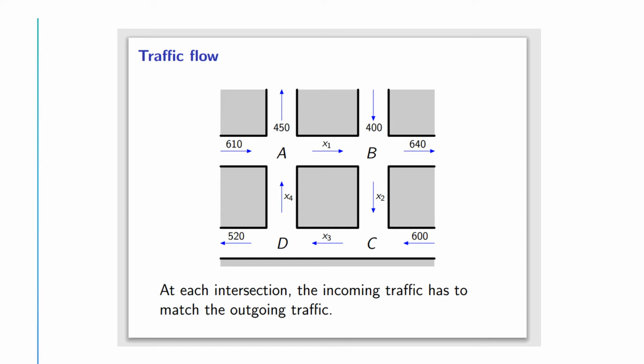So at A, we have 610 plus x4 equal to x1 plus 450. At B, x1 plus 400 equals 640 plus x2. At C, x2 plus 600 equals x3. And at D, x3 equals 520 plus x4.